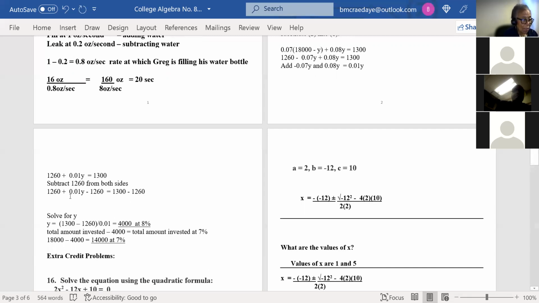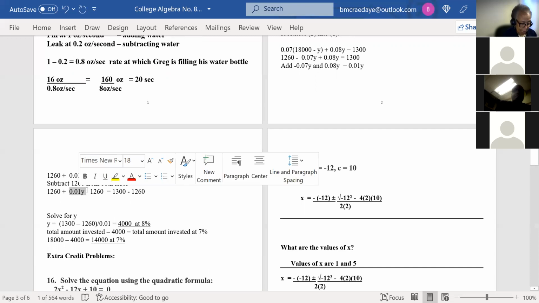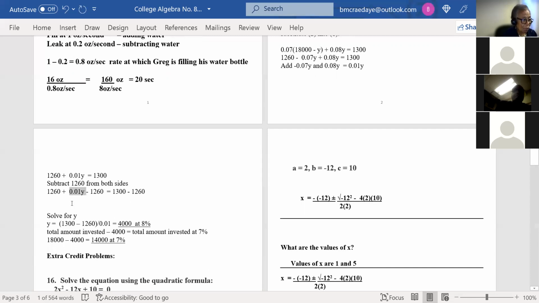So what am I left with? On the left, I'll just have the 0.01Y. And on the right, I will have what you see there, which is 1300 minus 1260.